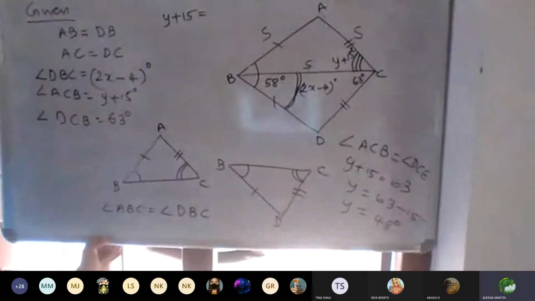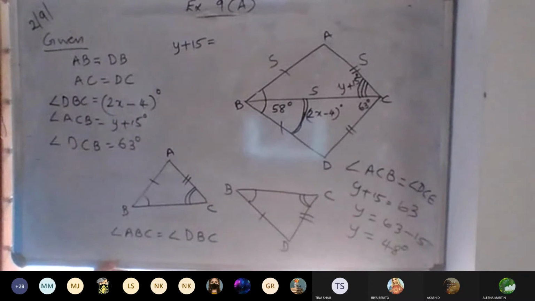So right now, first we can find y. What we can write? CPCTC we wrote, no? Up to where we reached? Triangle ABC is congruent to triangle DBC. Okay.